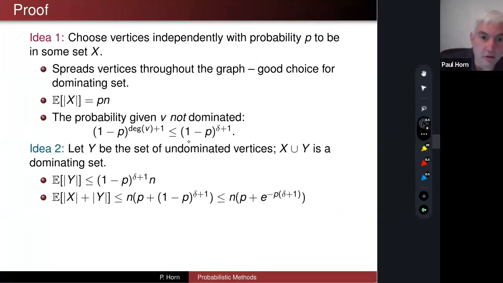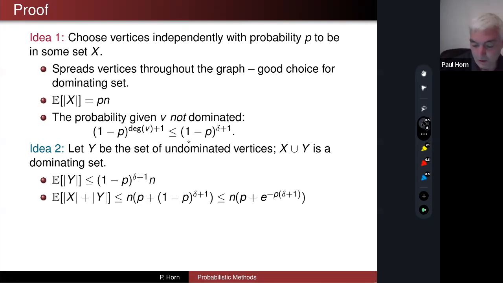So now I've got this set. I've chosen it randomly. It doesn't dominate everything. But I can make it a dominating set. I can fix everything by just taking all the undominated vertices and adding them to my dominating set.